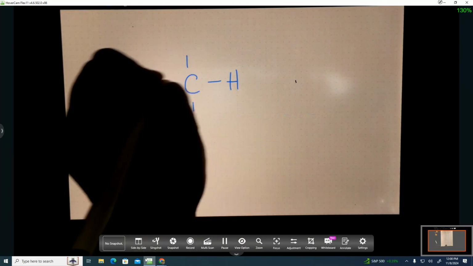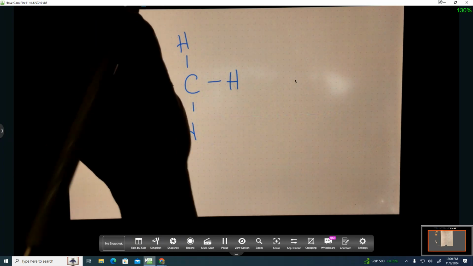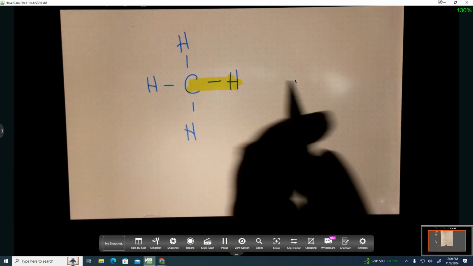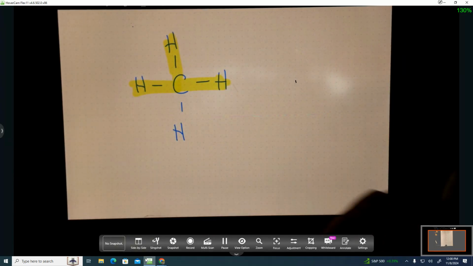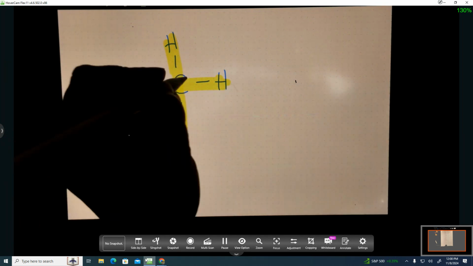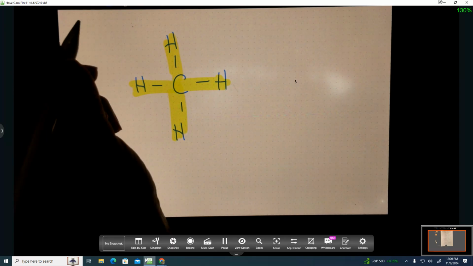Look at this molecule. What's that bond right there? Polar or nonpolar? Polar. This bond is polar. This bond is polar. This bond is polar. Okay? The C and the H, which one's going to get the bigger negative charge?